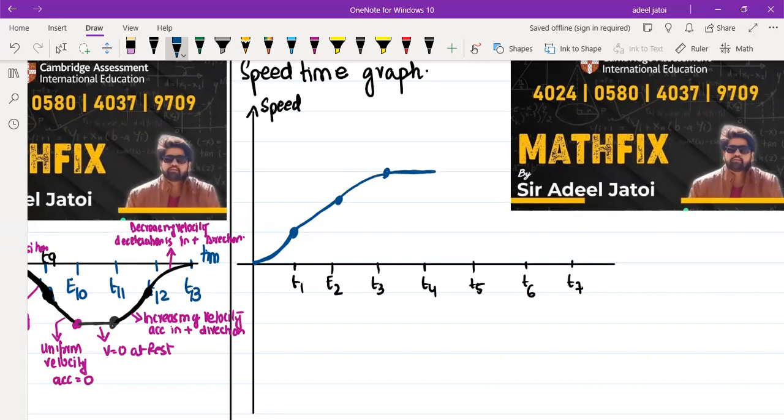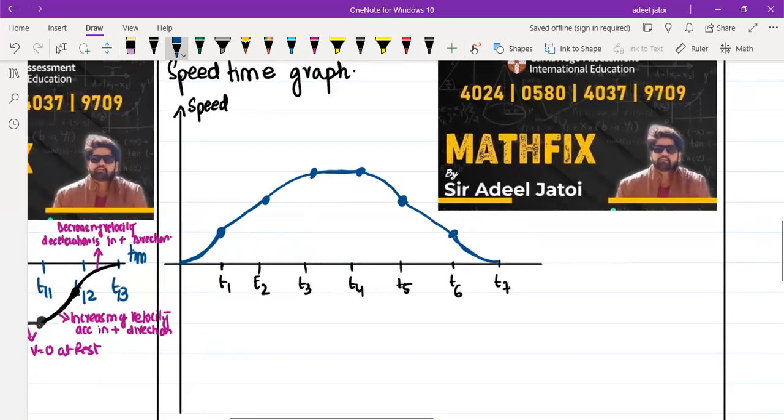T3 to T4, we'll have acceleration 0, that means uniform speed. Then T4 to T5, increasing deceleration. Then T5 to T6, uniform deceleration. And then decreasing deceleration to come to the point at rest.